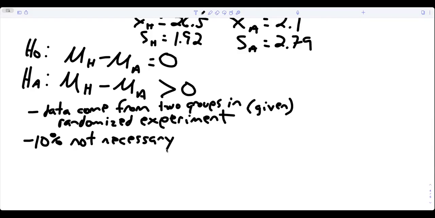I don't think that matters in this case because it's an experiment. Would we get points off if we still did like population is greater than? That would probably be ignored. Okay, but I mean, you're wasting time. You don't need it because there is no sample. So not necessary because it's an experiment.